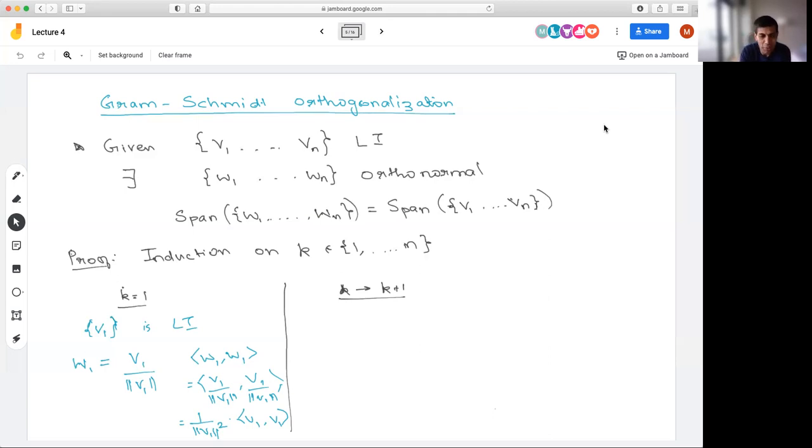Now let's get to the more interesting part of this induction that I want to prove. So suppose I already know that there exist w1 to wk, which are orthonormal, and the span of w1 to wk is equal to the span of v1 to vk.